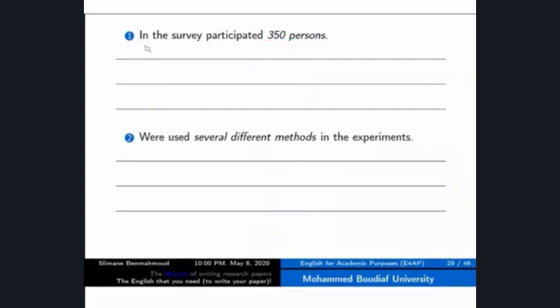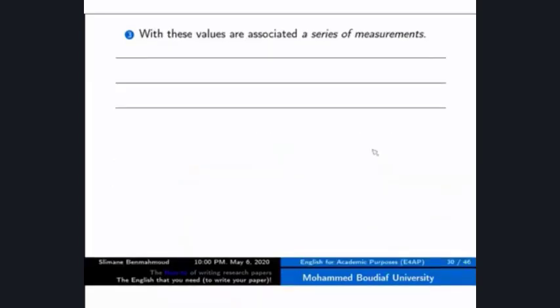The second sentence, were used several different methods in the experiments. We say several different methods were used in the experiments. Third, with these values are associated a series of measurements.